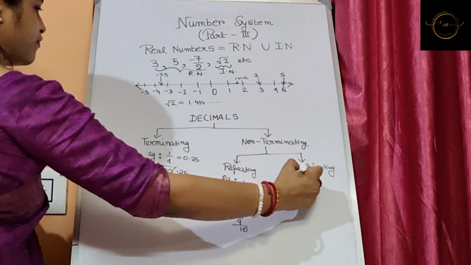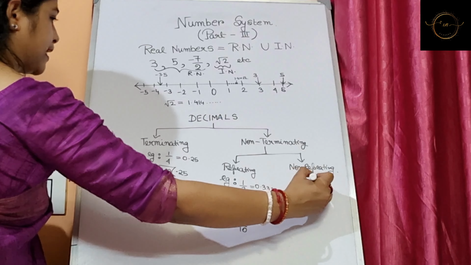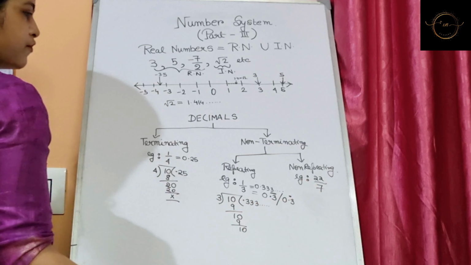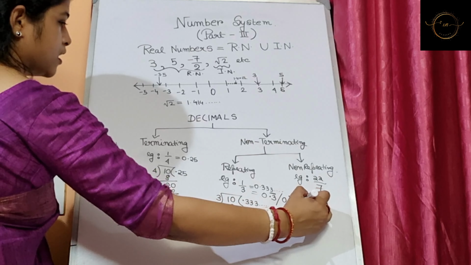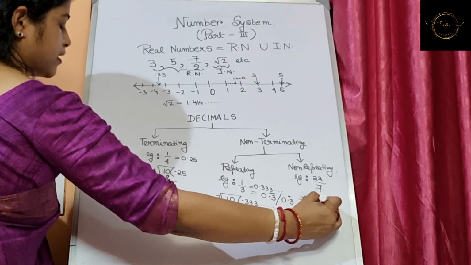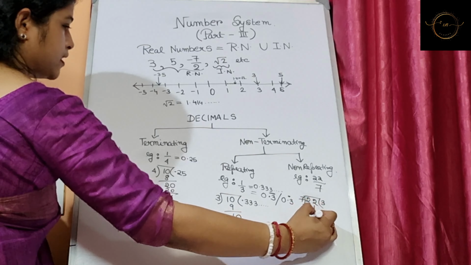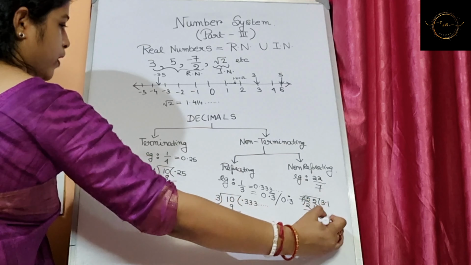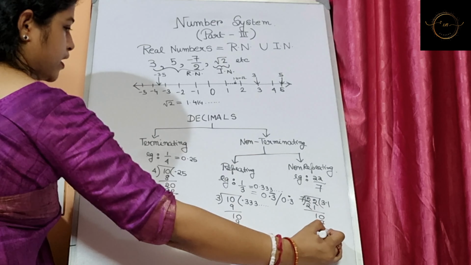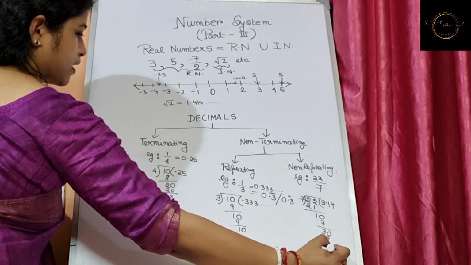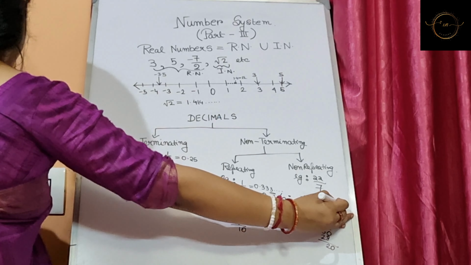For example, take 22 by 7. Suppose we are dividing 22 by 7. 3 sevens are 21, remainder 1 0, point, 1 seven is 7, that is 3, again 4, 28, again 20.